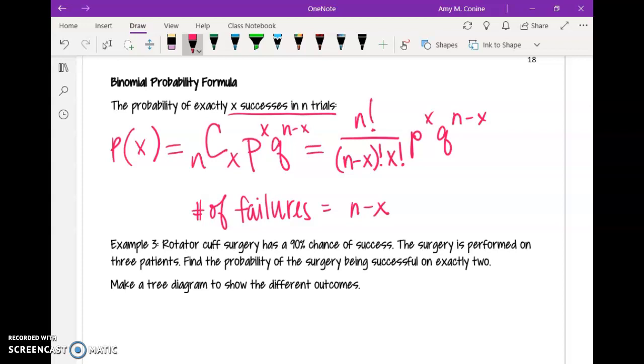Okay, so that's our formula. We're going to show exactly how to use it in just a minute.